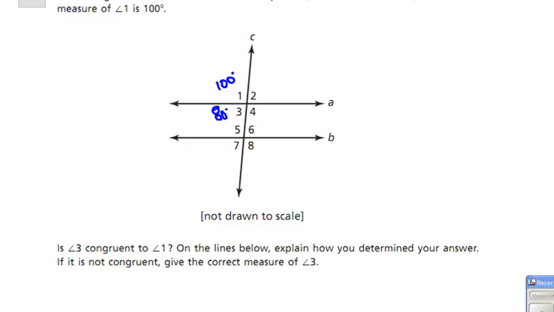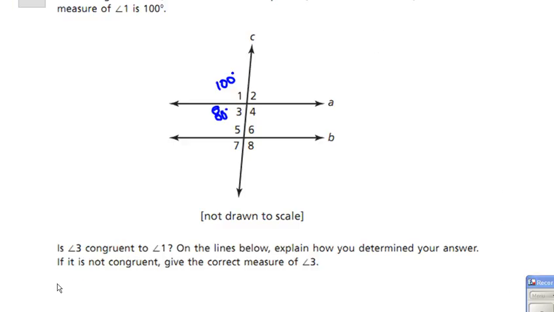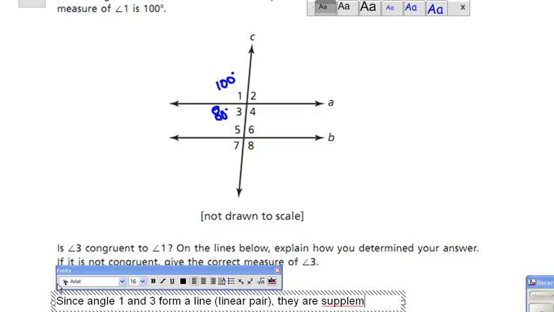Let me just write it right over here. Since angle 1 and 3 form a line in a linear pair, they are supplementary to each other.